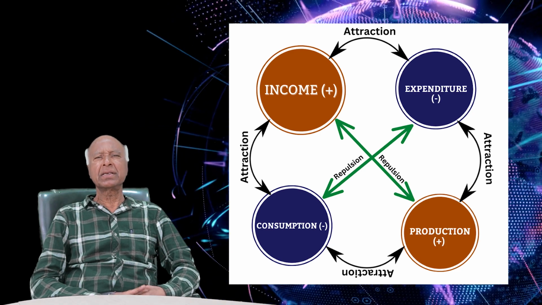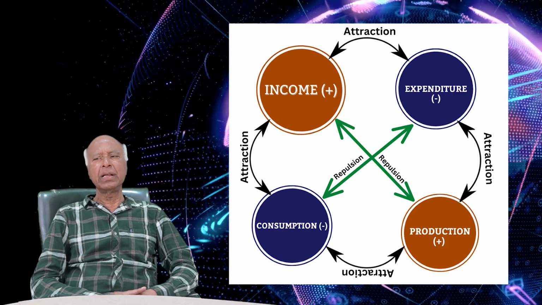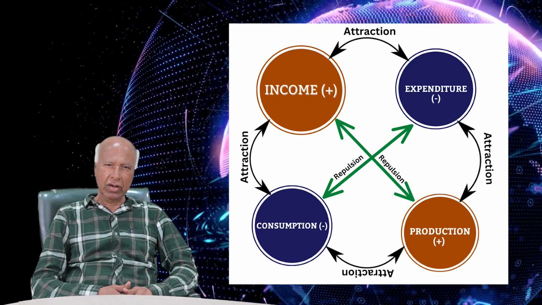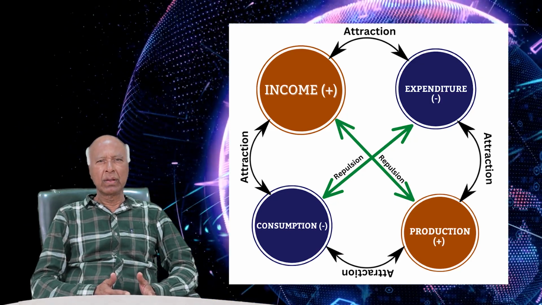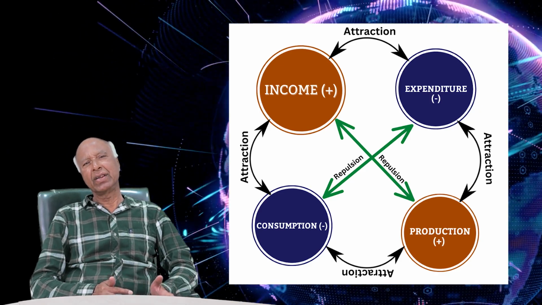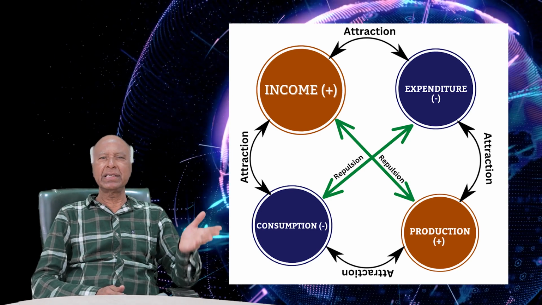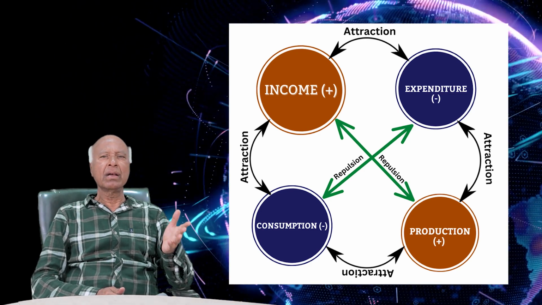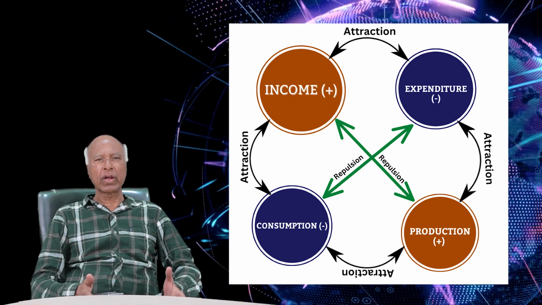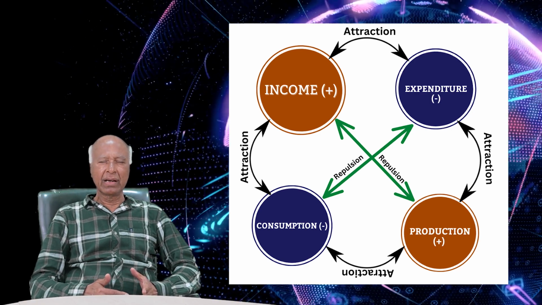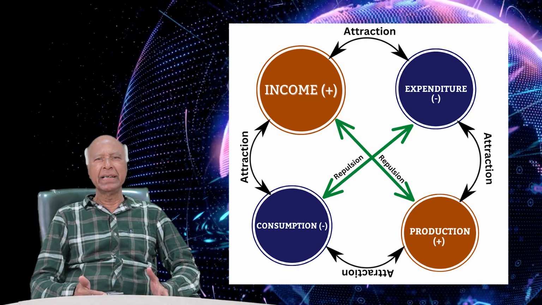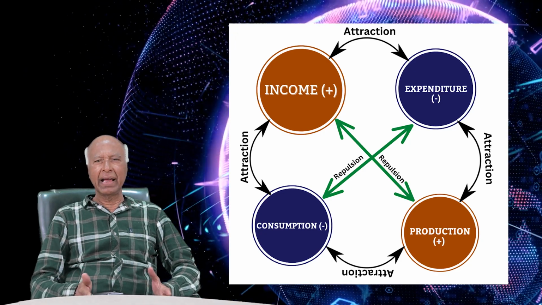What does it signify? On very simple terms, you will find that if the production goes up, the income of consumers is dependent on the activity of production. If there is more production, if the consumer is producing more quantity, his productivity is higher.